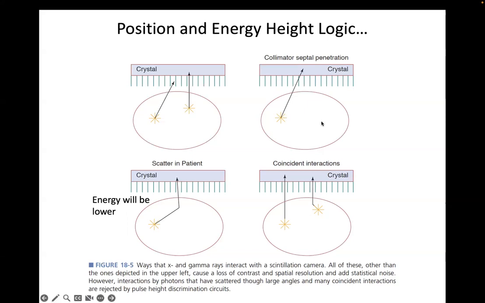This is the composition of both these events, and so it would tell you that you had an event somewhere down here. Again, these kinds of scatter events cause essentially a cloud of background activity in your image, and that raises up the background of the image with a fuzzy cloud of scattered events.